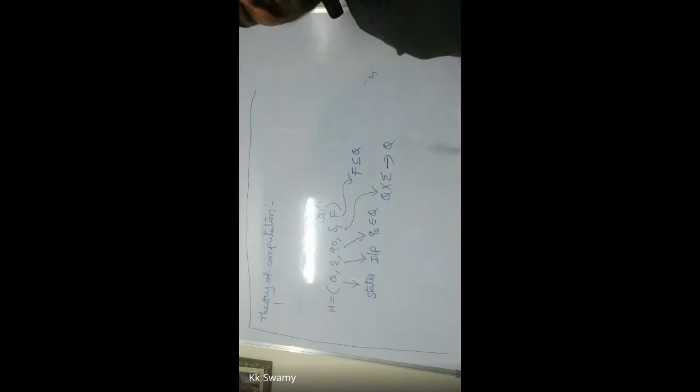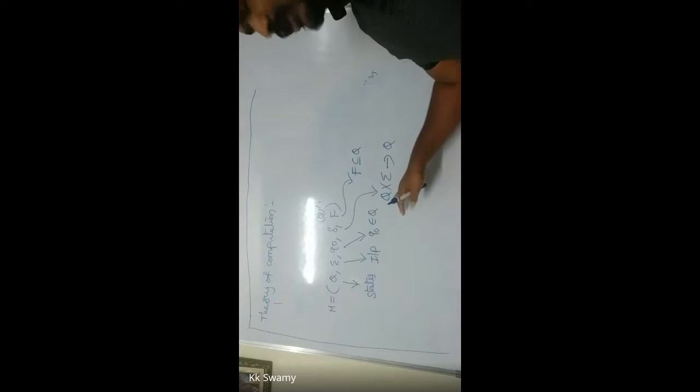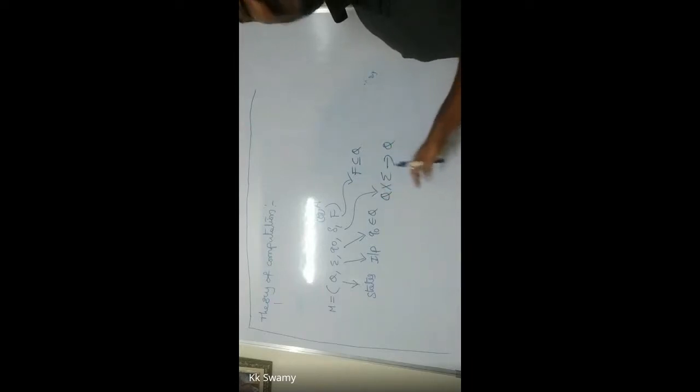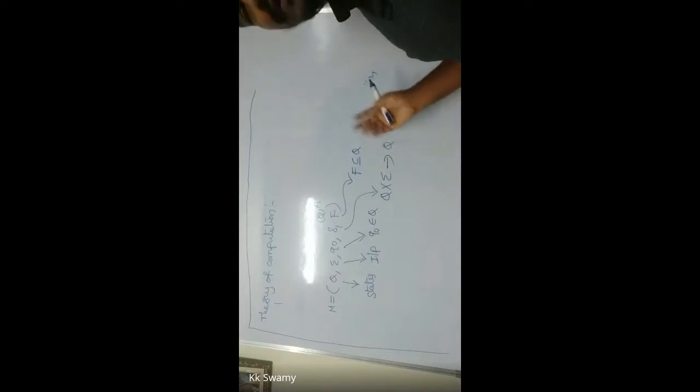In this way we move from one floor to another. Here also, you take any state from capital Q, and if you type some input symbol, it goes to the next state, which also belongs to capital Q. Next one is the final state. The required floor is the final state.